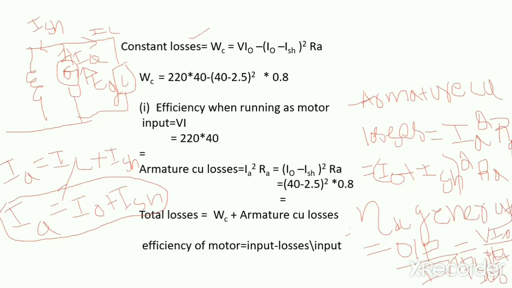This is the formula for constant losses. After calculating the losses, we can easily determine the efficiency as a motor and as a generator.